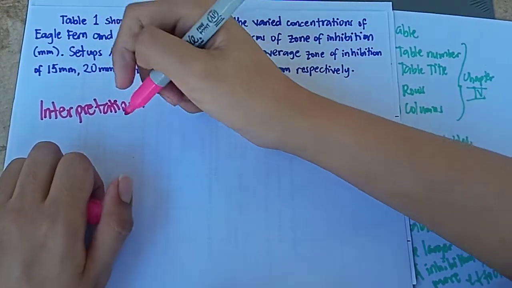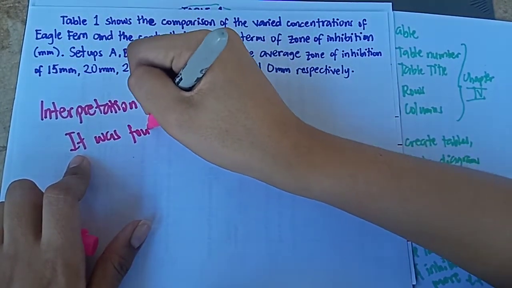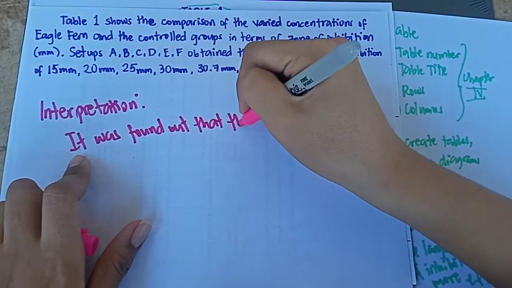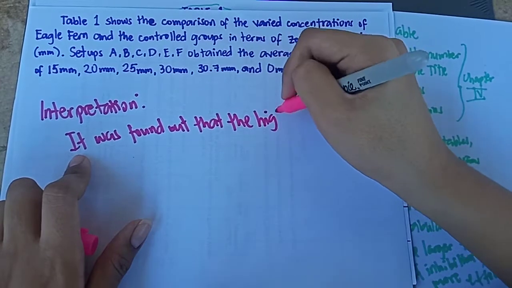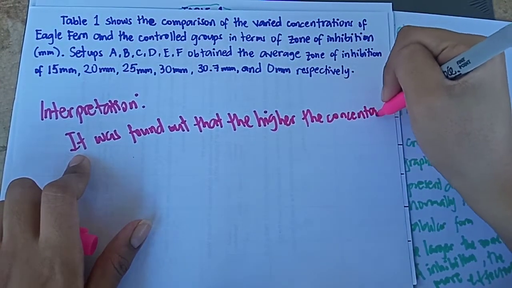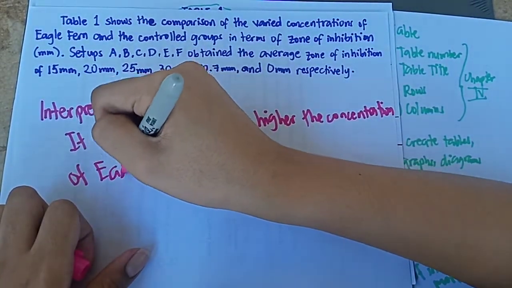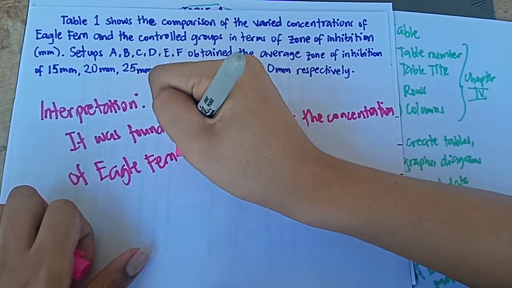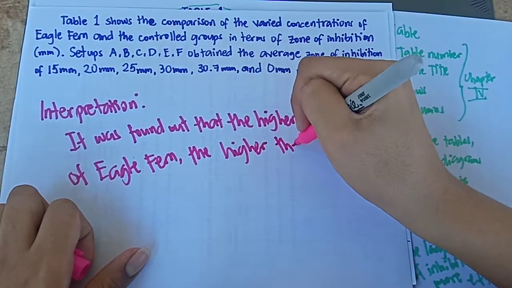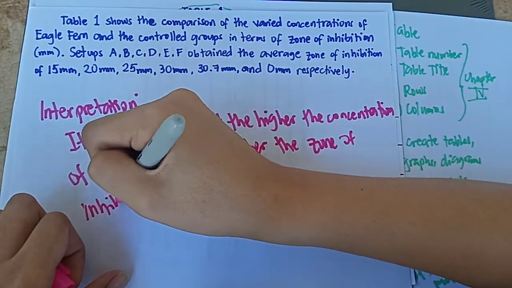It was found out that the higher the concentration of eagle fern, the higher the zone of inhibition.